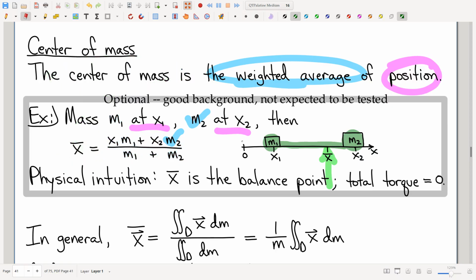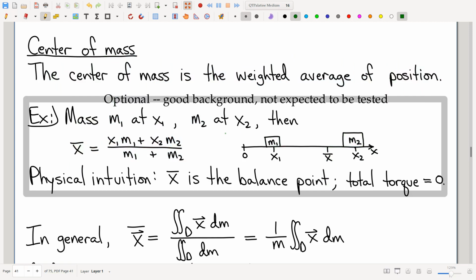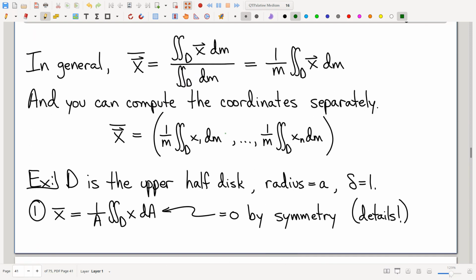So we can generalize that to a continuous distribution of mass, and we might as well just jump right to doing so in a vector fashion. And here you go: weighted average, using the mass as the weights, of position.